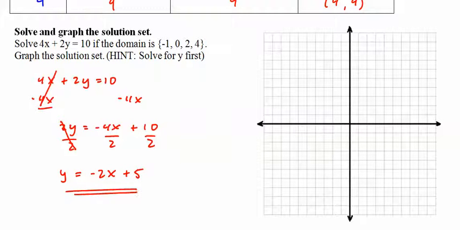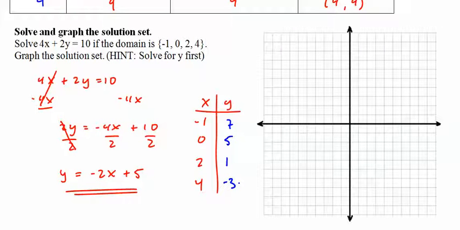Plug in negative 1, the classic middle school technique, make a table. X, Y, negative 1, 0, 2, 4. Negative 1 times negative 2 is 2 plus 5 is 7. 0 gets me 5. 2 gets me 1. 4 gets me negative 3.